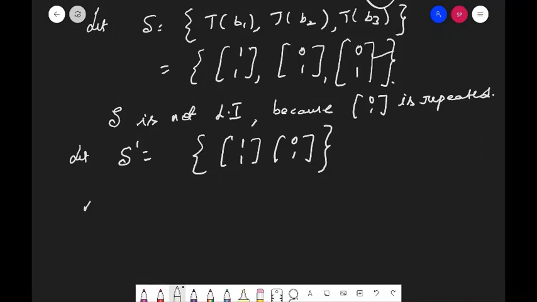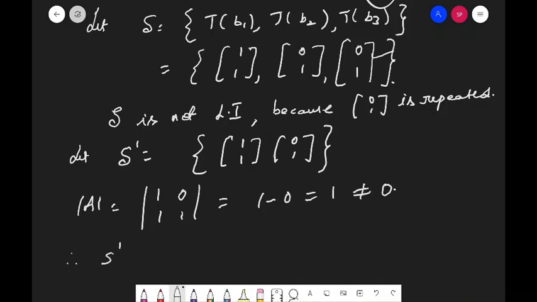I will take det A, because I can easily do this simply. It is equal to 1 minus 0, which is 1, not equal to 0. Therefore S dash is linearly independent.